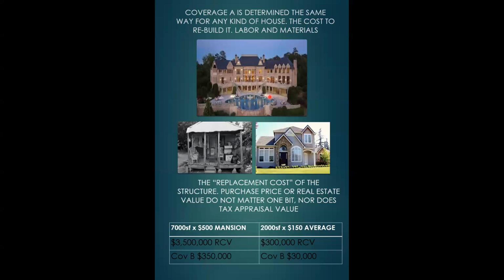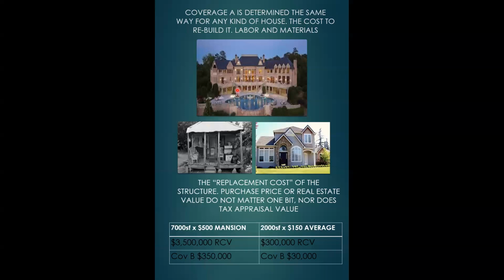And what the computer is trying to do with all this input is figure out a per square foot price to rebuild that house if it all burned down, considering whether it's wallpaper on the walls or just paint. Is it hardwood floor or just carpet? And with all of those inputs, the computer can figure out a per square foot price to rebuild that house.